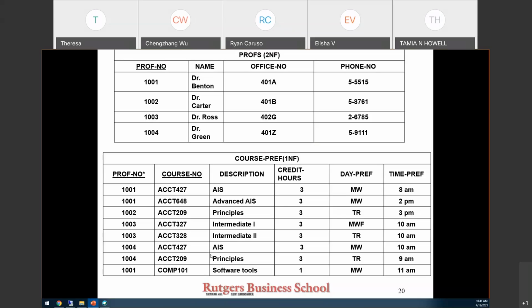That means if you want to modify the description or credit hour information about these 2 courses, you have to modify the description and credit hours more than 1 time, which is definitely against the design principle of database system.